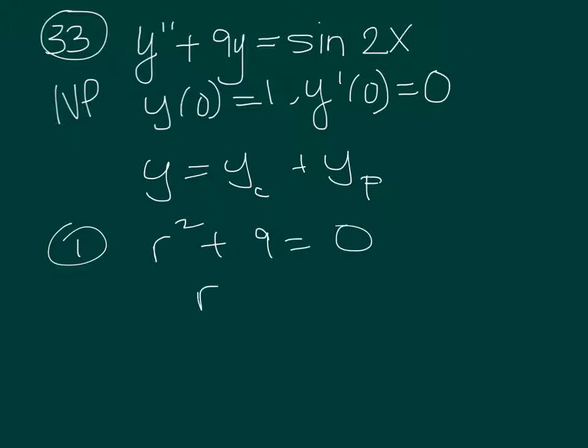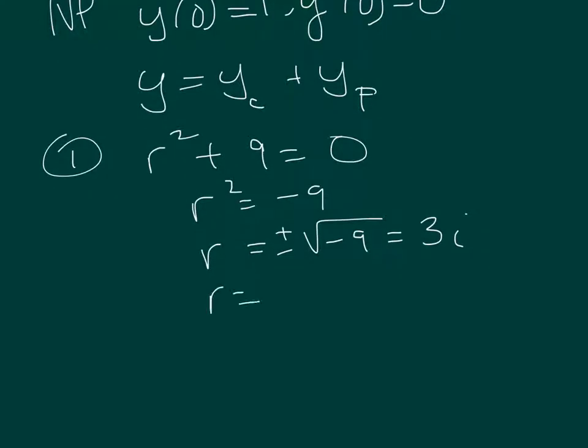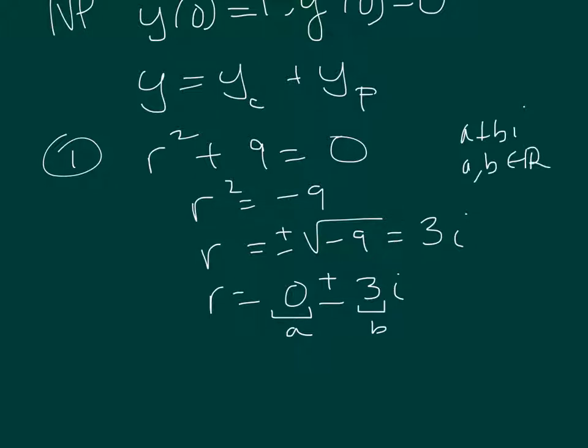So R squared is going to equal negative 9, R equals plus or minus the square root of negative 9, which we know is going to be 3i. And we can write this as 0 plus or minus 3i, where this is my a and this is my b. Again, we have the a plus bi form, where a and b are real numbers.